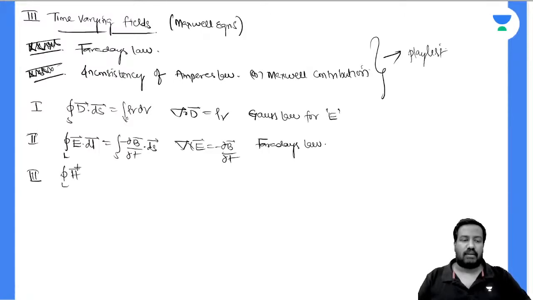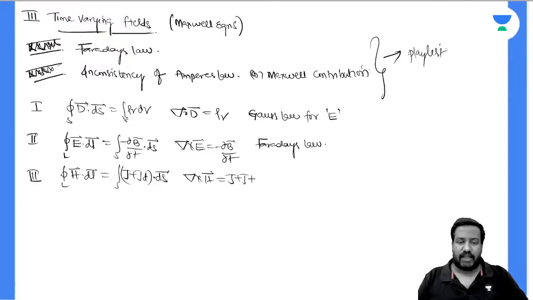Third one, closed loop integral of H dot dl is surface integral of J plus Jd dot dS. Differential form: del cross H is equal to J plus Jd. J is the conduction current density given by sigma E, and Jd is the displacement current density given by dD by dt.